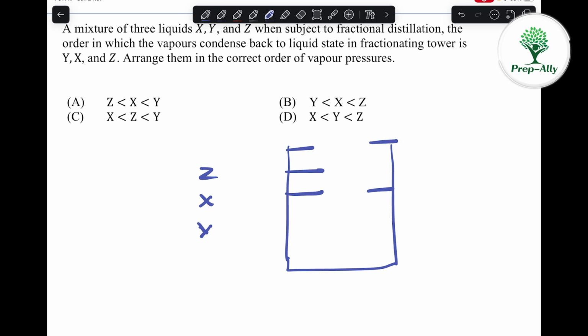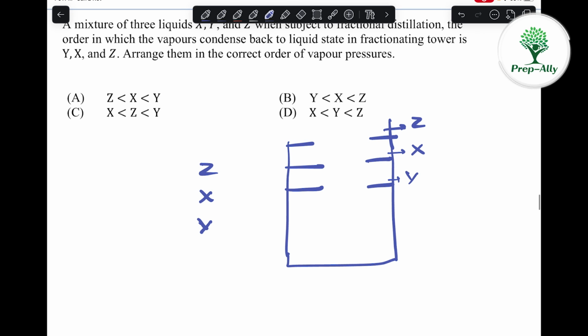I have, let's say, 3 rows. I have Y here because it condenses first in the lower part itself. X evaporated quite more and condensed in the middle portion, and Z is on the top.